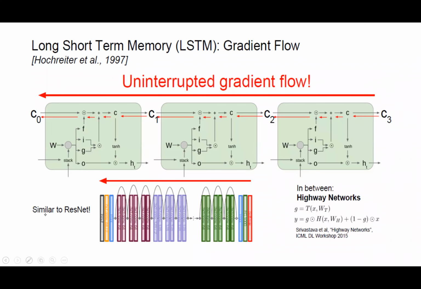This is like having skip connections in residual networks, where you bypass the gradient flow. In the forward direction you are directly connecting, adding, so in the reverse direction also the gradients directly flow from the output to the initial layers.